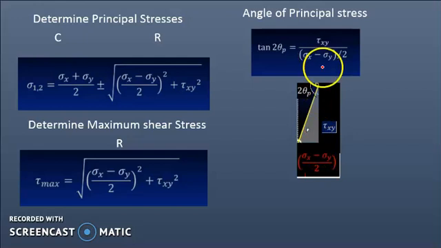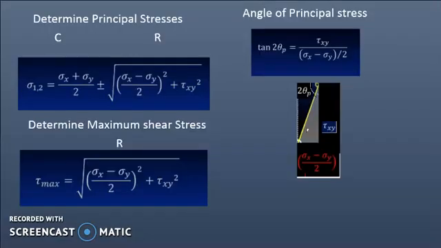If we consider this as a triangle with this angle as 2 theta, then the tan inverse of this value will give you theta p.